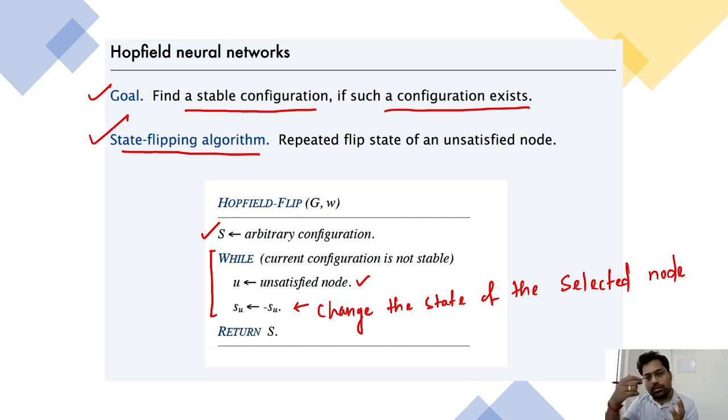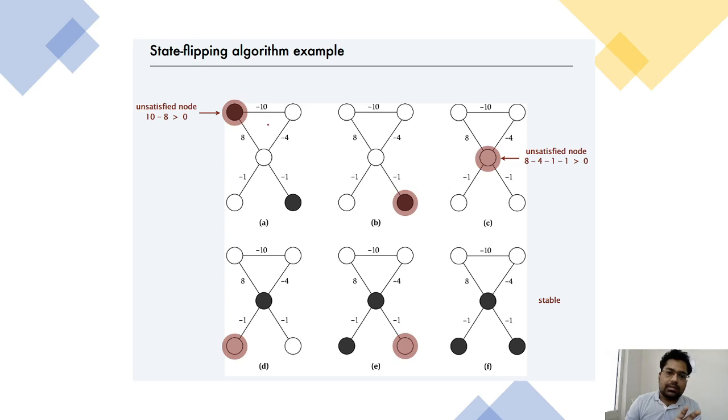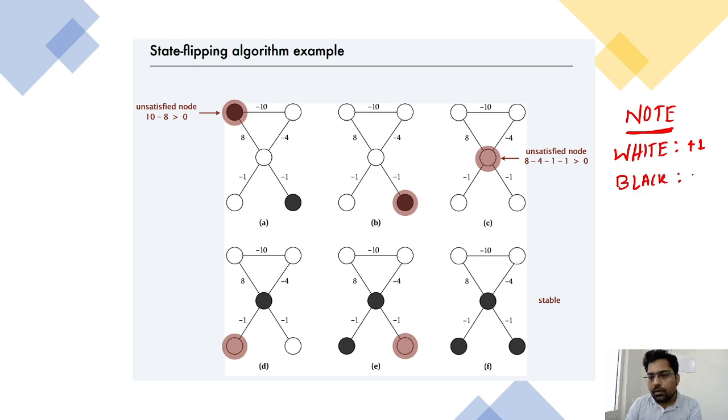Based on the example, we can easily understand. This is the example there in a book, so I kept it in the PPT also. So here, initially the figure is like this, a configuration, basically we can say it's a configuration A, where black is already fixed. And I must tell you here as a note, the same thing I am writing here: white is said to be plus 1, and black we are representing as -1.